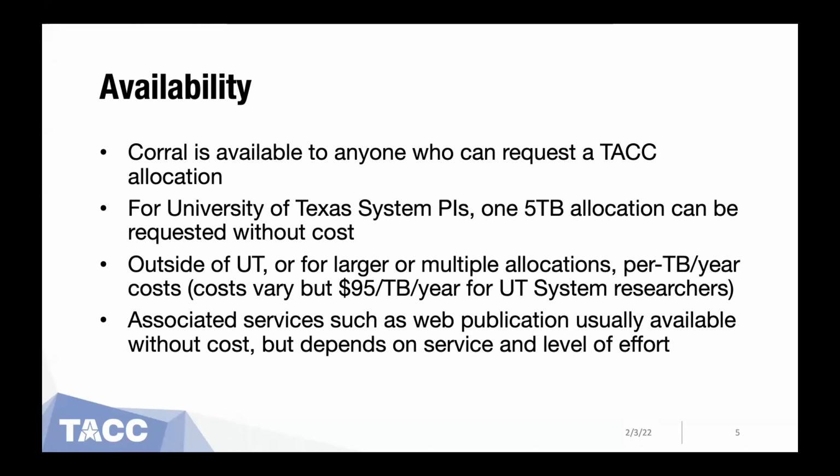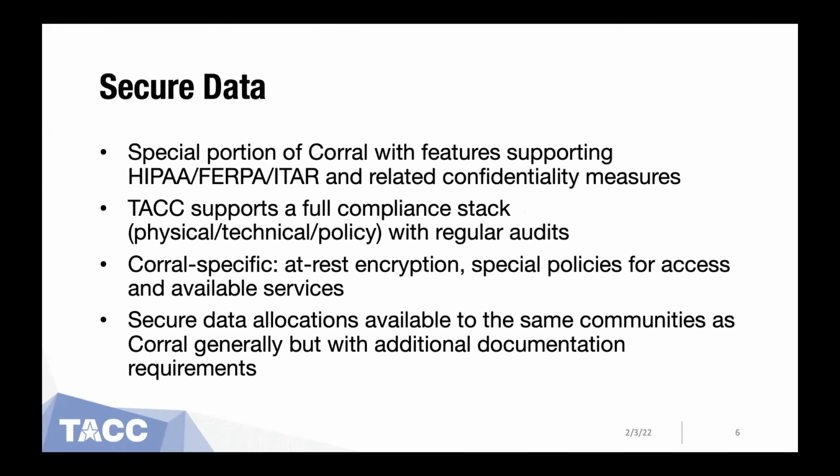So if you want more than 5 terabytes, or if you move outside of UT, then you have to pay a per terabyte per year cost for using the system, or for using extra storage within the system. And typically all of the services that I talked about don't have any cost associated with them, but it can depend on whether it's something that we support generally, or we need to do some kind of special effort to add support for something.